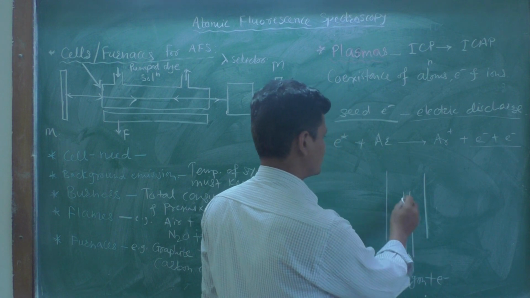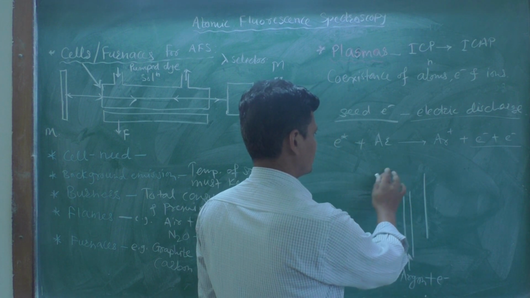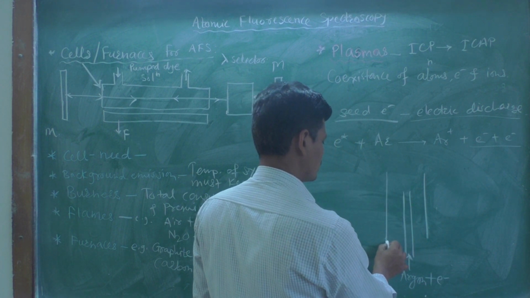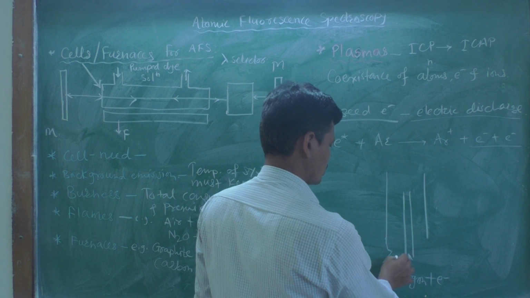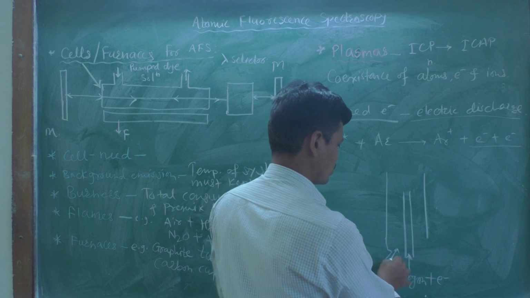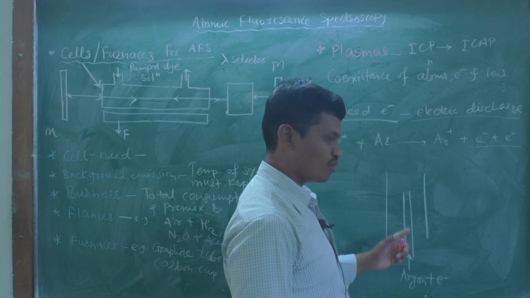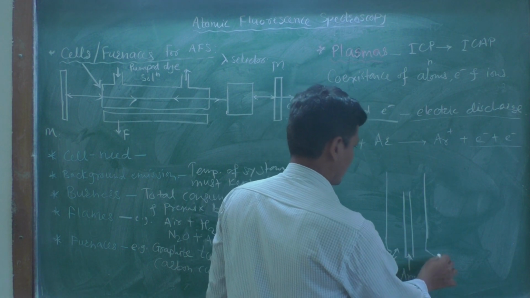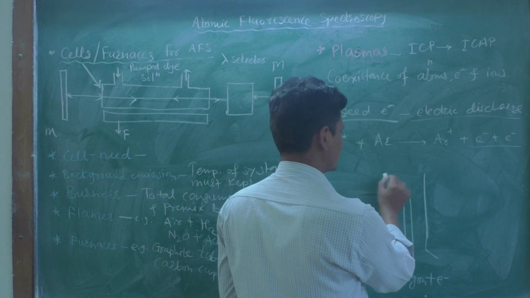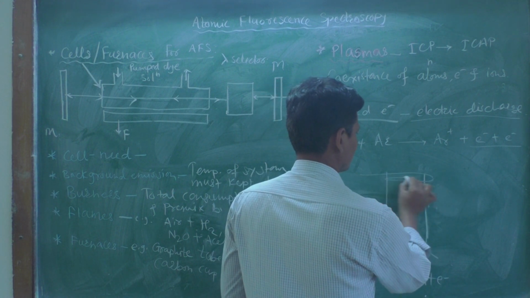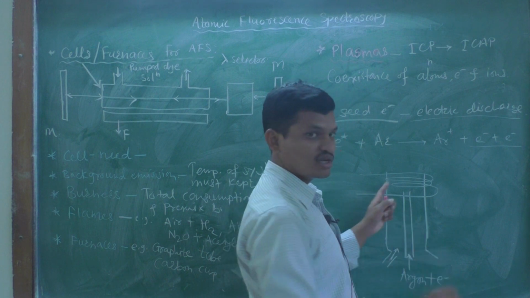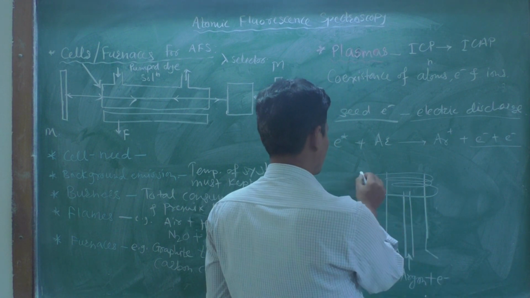Then there is another source, called the secondary or second source of argon, and they meet at this region where the copper coil has been introduced.